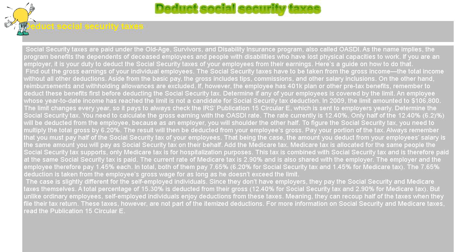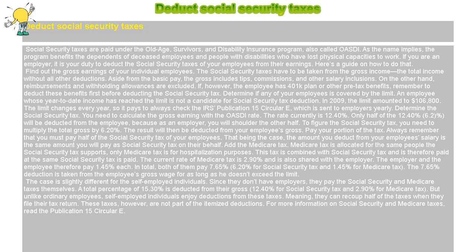In total, both of them pay 7.65%, 6.2% for Social Security tax and 1.45% for Medicare tax. The 7.65% deduction is taken from the employee's gross wage for as long as he doesn't exceed the limit.